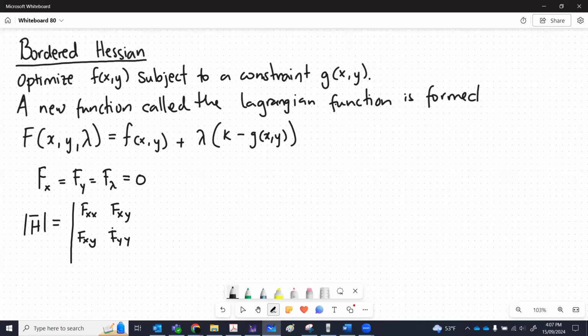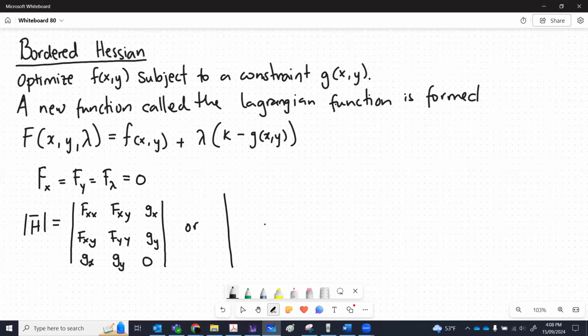Okay, and then what we do is around here, we are going to border it. And what do we border it with? We have g differentiated partially with respect to x, with respect to y, and then over here with respect to x, with respect to y, and then here in the corner we put 0. Or if you like, you can write it like this.